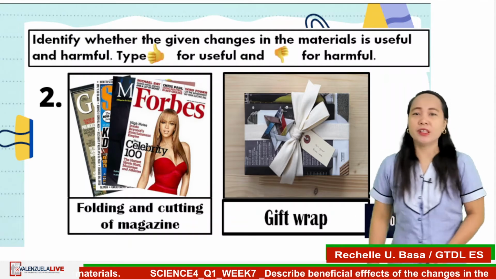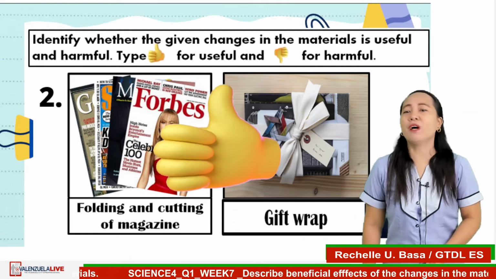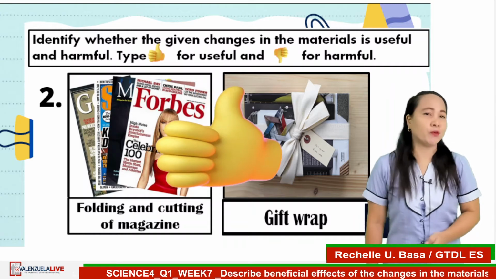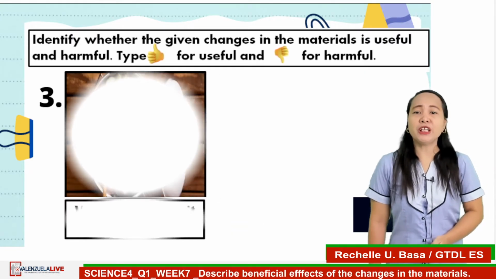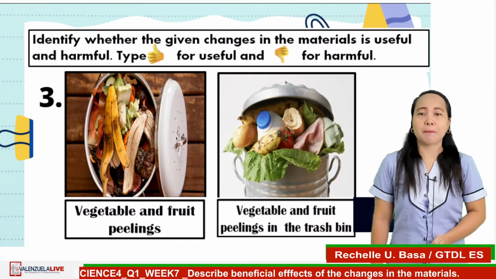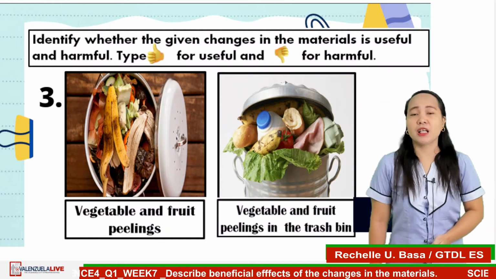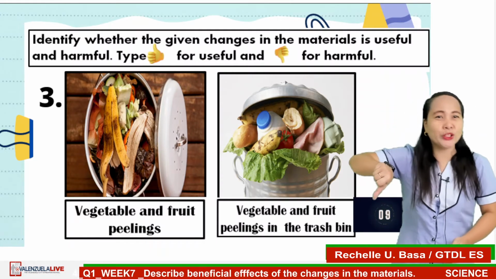Type your answer. That's right. Fantastic answer. It's thumbs up. And for number 3, vegetable and fruit peelings in a trash bin. Is it thumbs up or thumbs down?